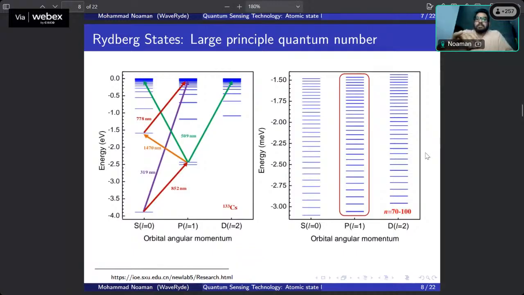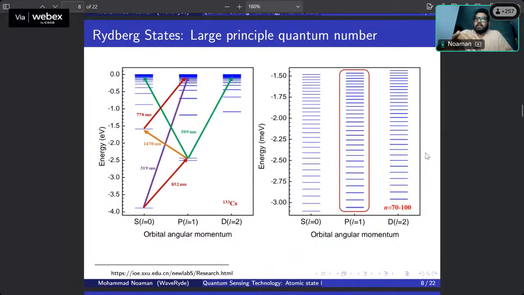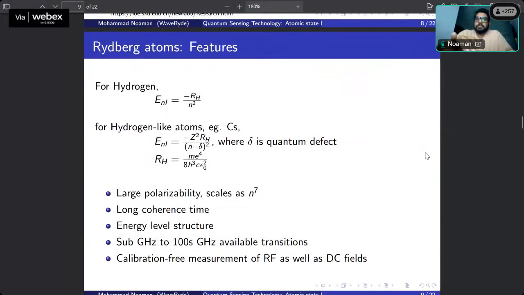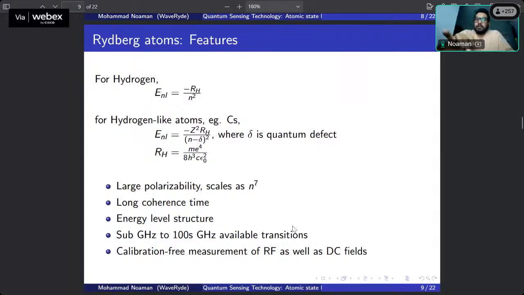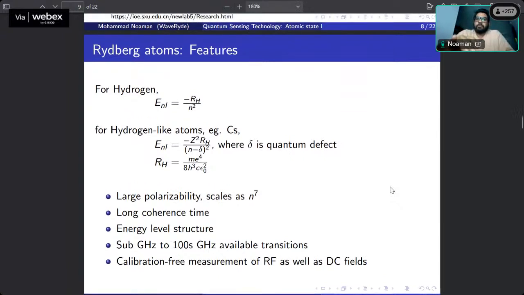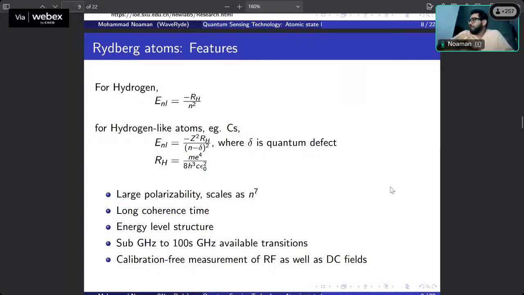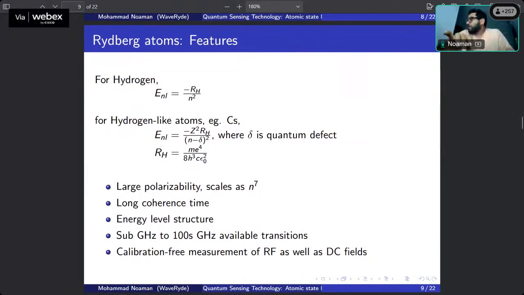Remember, this is a technological advantage, and at the same time, this is calibration free, meaning with one atom or a vapor cell based system, you can detect many frequencies, all calibrated, everything at the same time.